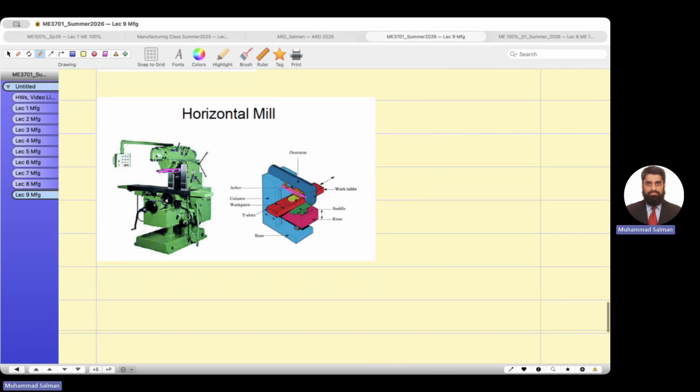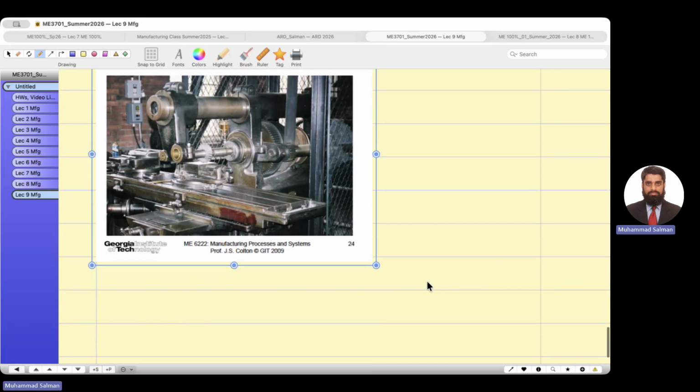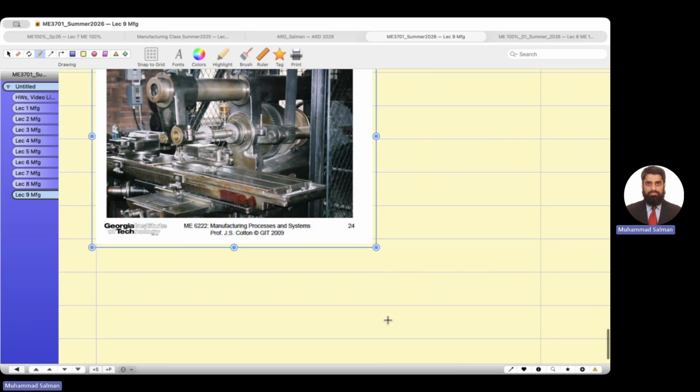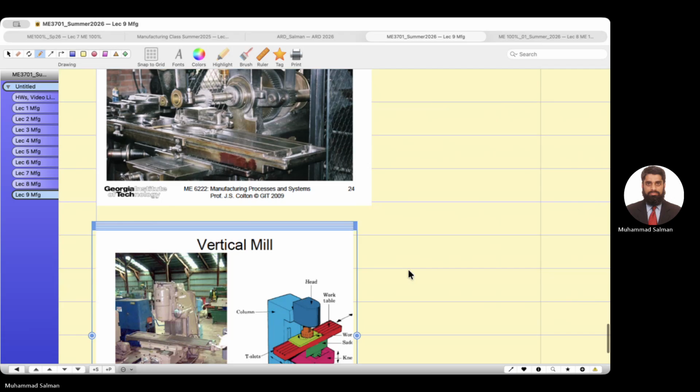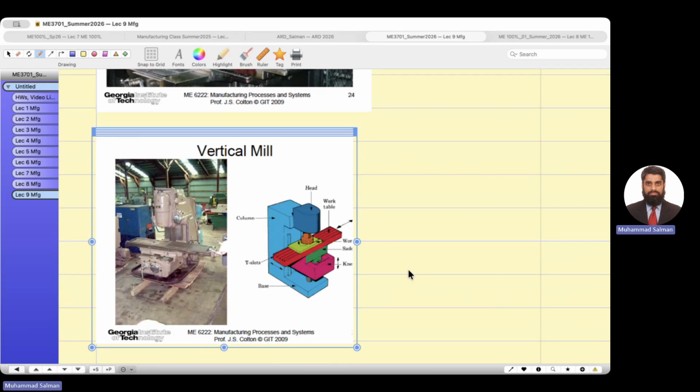Let me show you the next horizontal machine. This is an old horizontal milling machine. You have to hold the workpiece in a vise, otherwise you cannot cut it. And this is a vertical machine where the tool is mounted vertically.